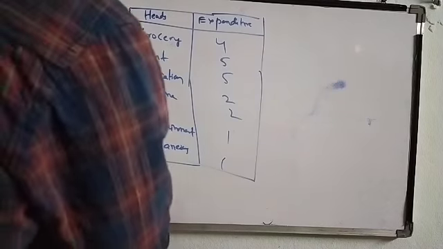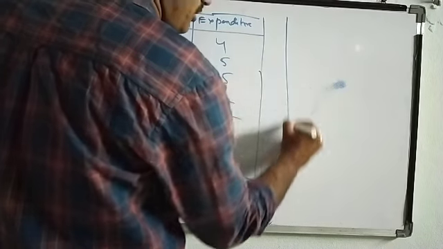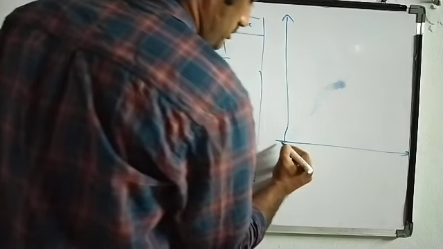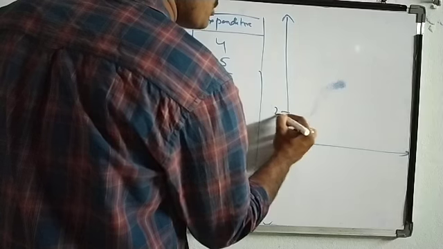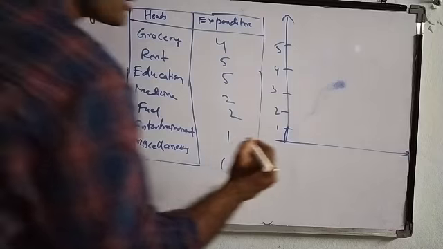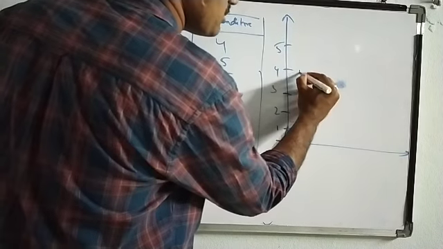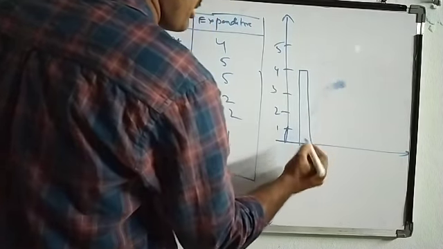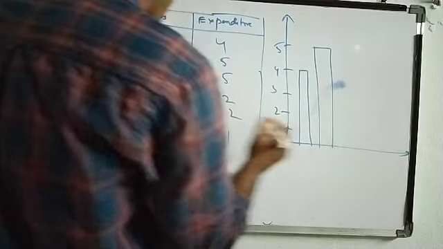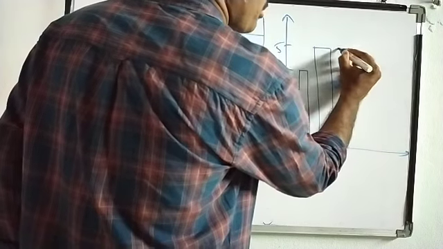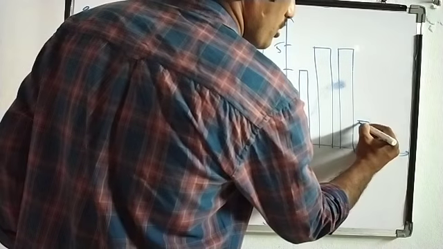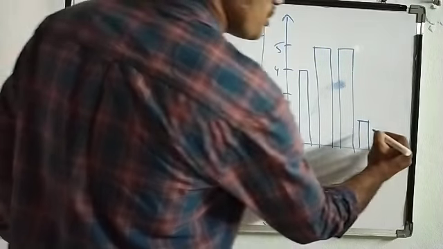Now let us see how to represent this in the bar graph. On the y-axis we will take the scale up to 5 units since we have only 5: 1, 2, 3, 4 and 5. First grocery will go up to 4 units. Next, with equal space, rent is 5 units, and education also 5. Next medicine 2 and fuel also 2.